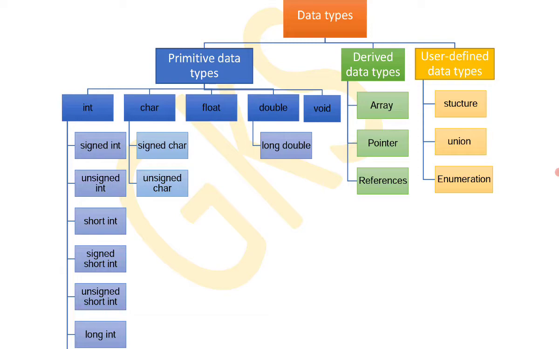So again, integer data types are of different types: signed integers, unsigned integers, short integers and long integers. Short integers means only short or small values of integers, whereas long integers means lengthy or long integer values.